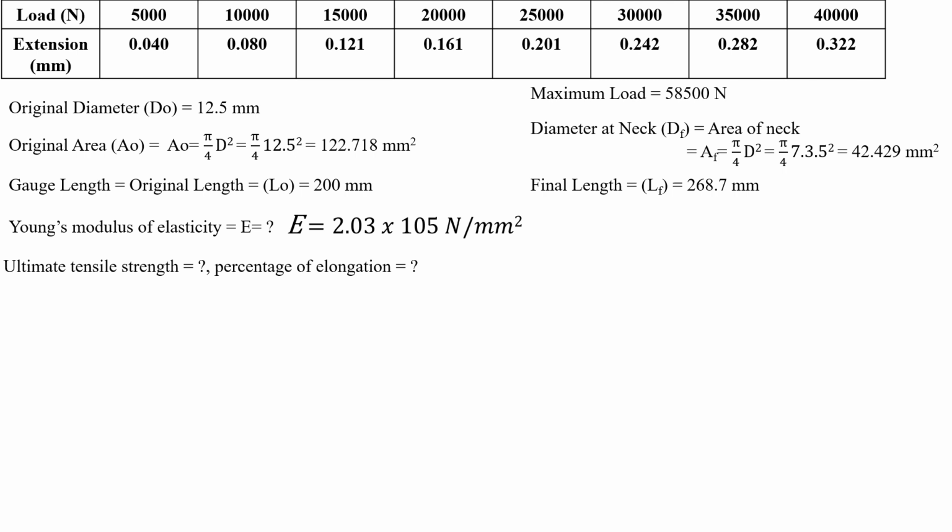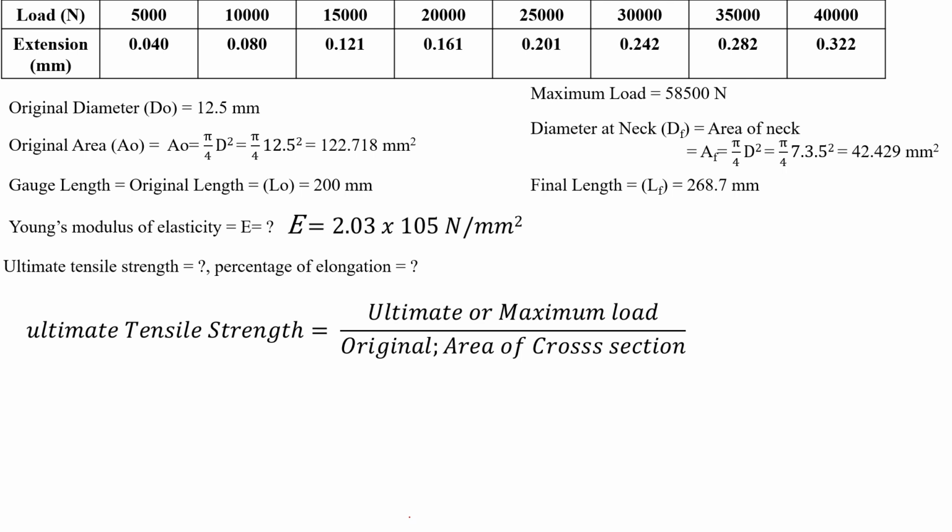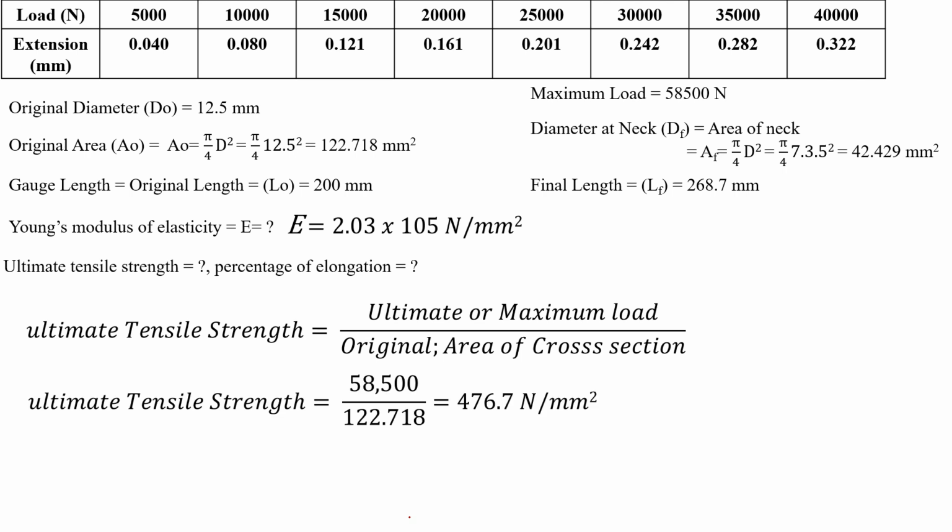Okay, next we have to calculate the ultimate tensile strength and percentage of elongation. We know that ultimate tensile strength equals the ultimate or maximum load divided by the original area of cross section. In the data, the maximum load and the initial area of cross section are given.